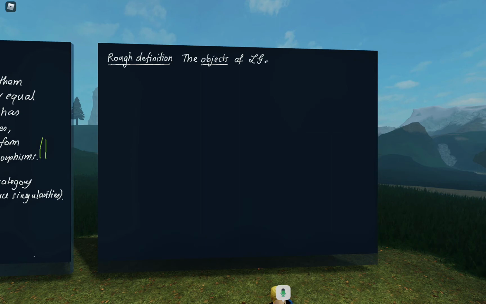The objects of... I'll just define... So this bicategory, there's one copy... Well, there's a bicategory per base ring. I'll just start by talking about the version which is defined for the complex numbers, because it's the easiest to understand. So the objects of LGC are complex polynomials, say f, in any number of variables.